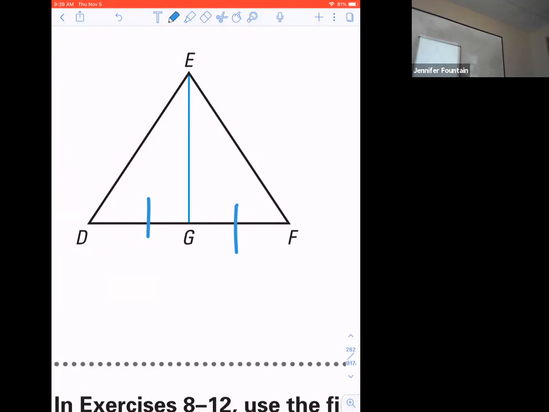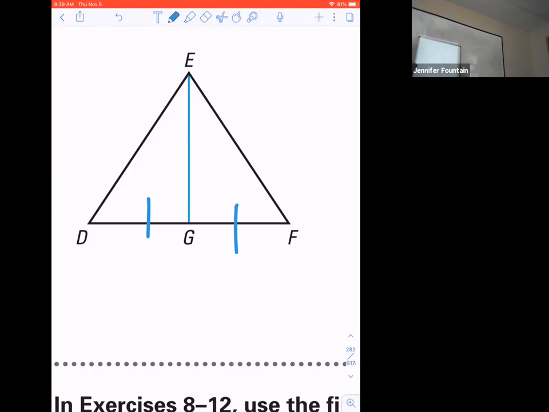Which one intersects and gives us congruent sides?